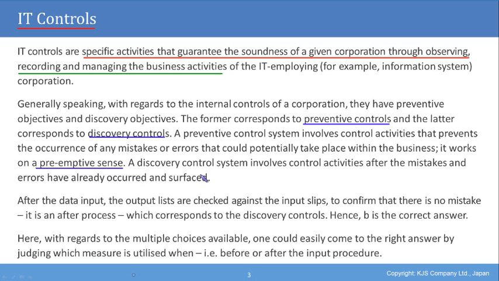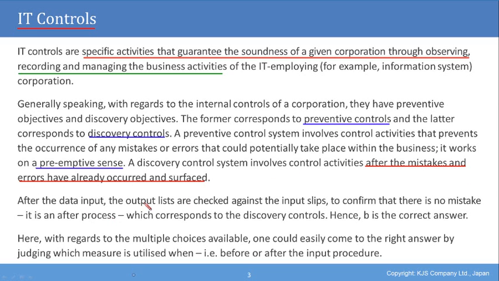A discovery control system involves control activities after the mistakes and errors have already happened. So that's the difference between discovery and preventive. Preventive is for before something happens, you try and prevent it, and a discovery control is to deal with something once it's already happened, after the mistakes and errors.